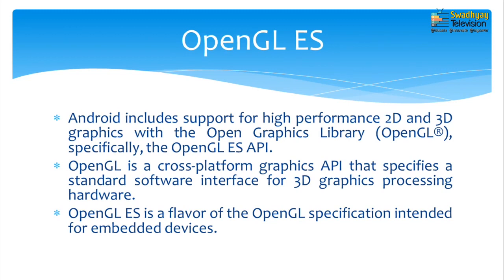OpenGL ES stands for Open Graphics Library for Embedded Systems, and Android includes support for high performance 2D and 3D graphics with the OpenGL library, specifically the OpenGL ES API.